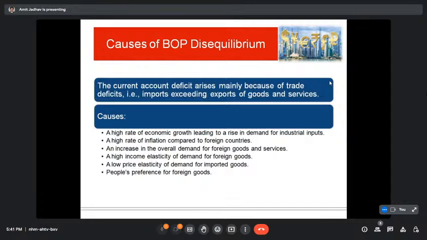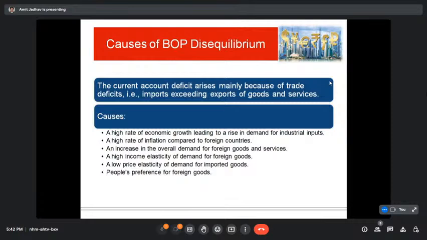So it has an adverse impact on the price. We cannot compete in the global market with other countries' prices, and they can sell their product at a lower price compared to our commodity price. So automatically their imports will rise and our exports will fall.